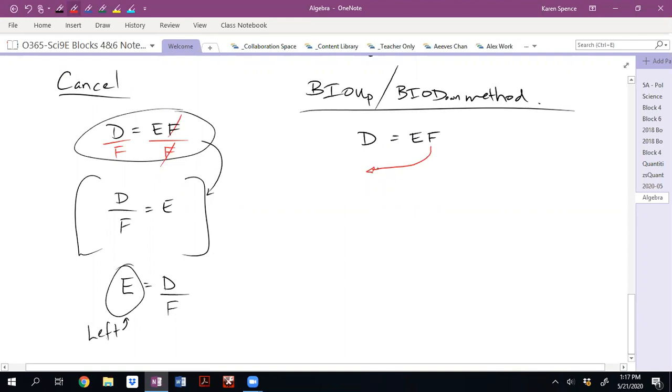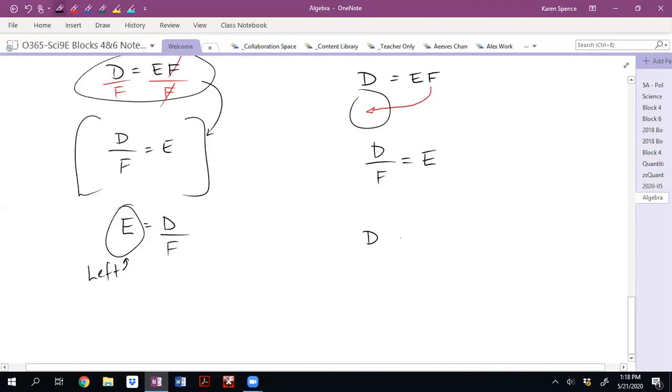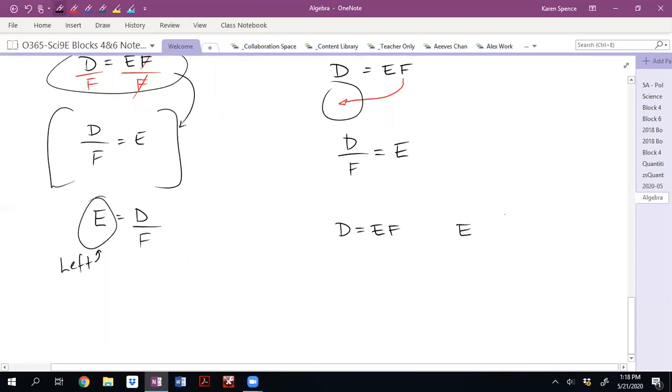And so I would simply at that point have D over F, because remember the F is going down here, is equal to E. Or I could just do it all in my head. Yes, I could say D is equal to E F, and I know I'm bringing my F down, and I know I want E on the left, and so I have E is equal to D over F.